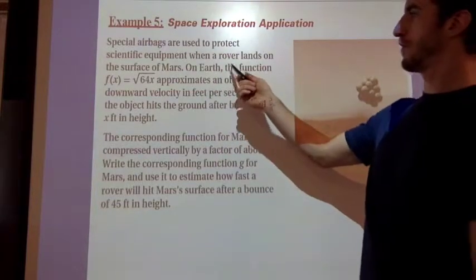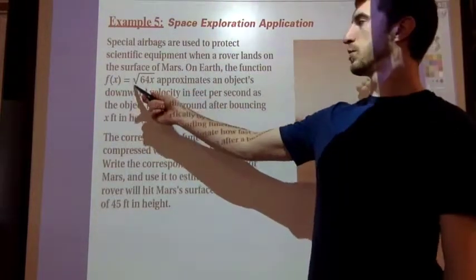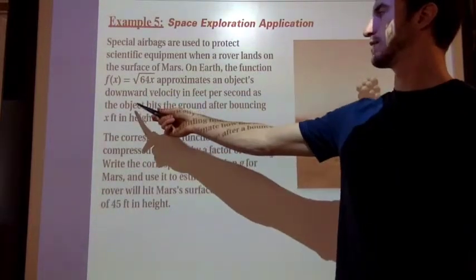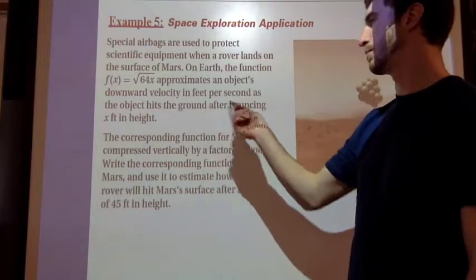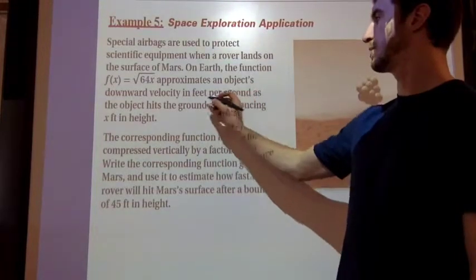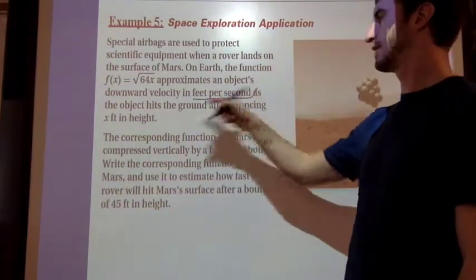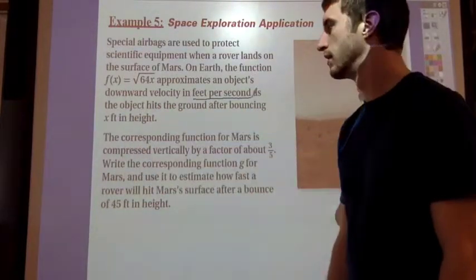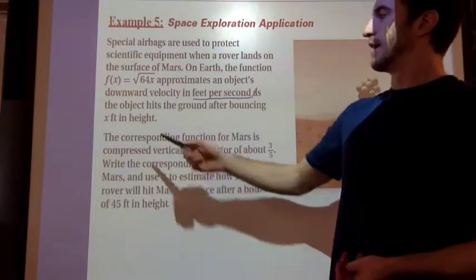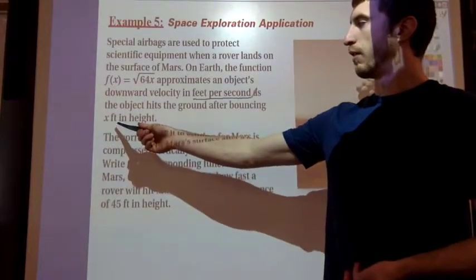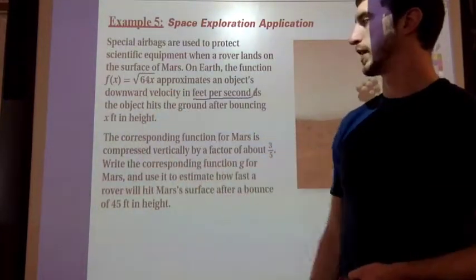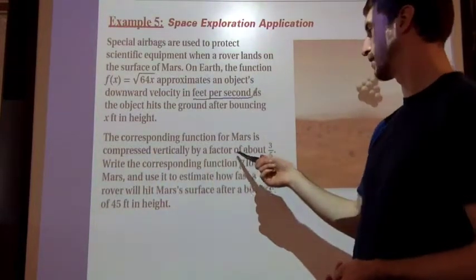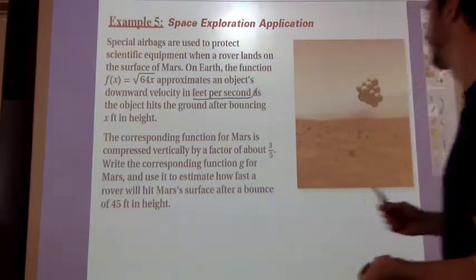On Earth, the function f of x equals the square root of 64x approximates an object's downward velocity in feet per second. Okay, so we're in feet per second as the object hits the ground after bouncing x feet in height. So however high it bounces, that's what we plug in for x. The corresponding function for Mars is compressed vertically by a factor of about 3/5.